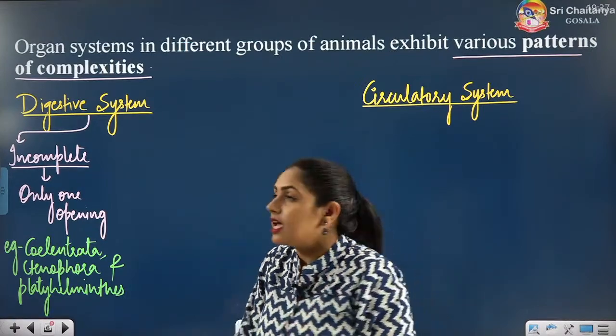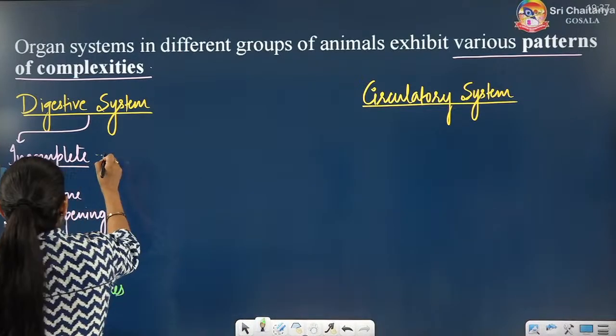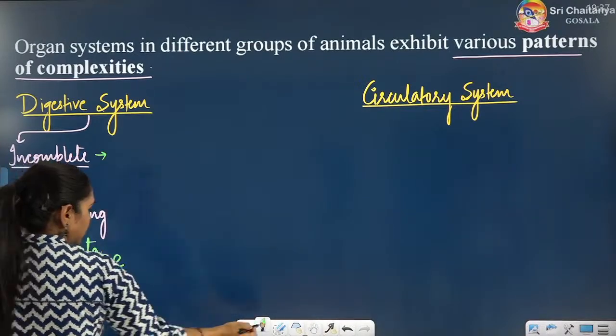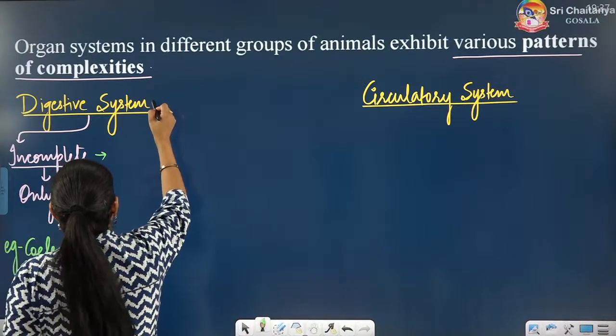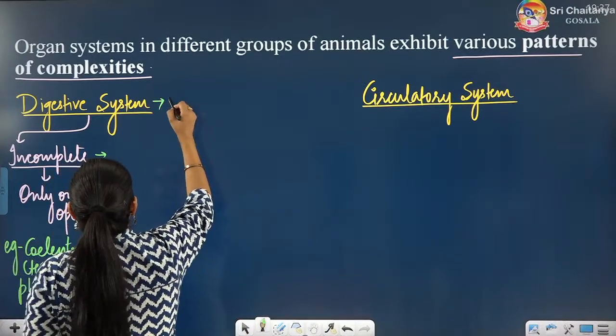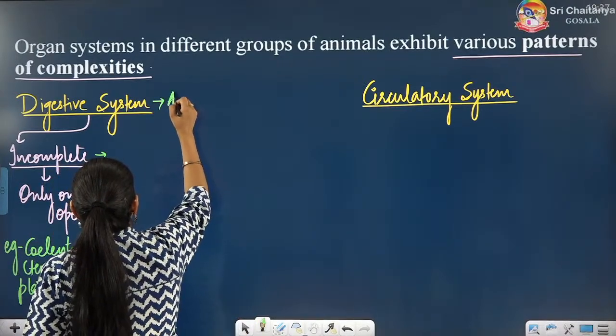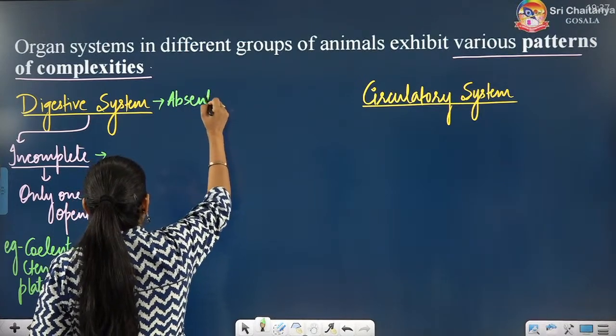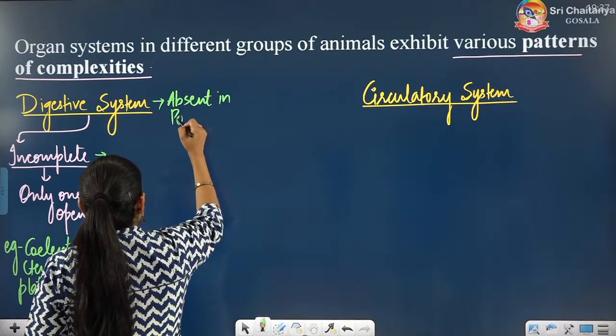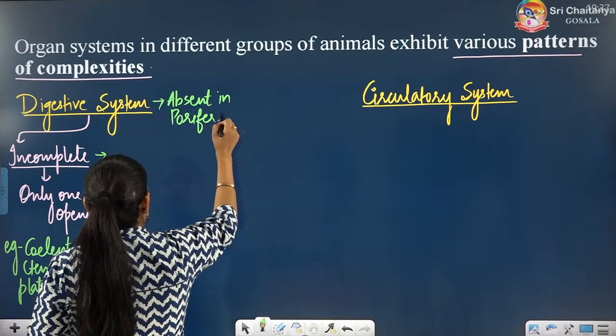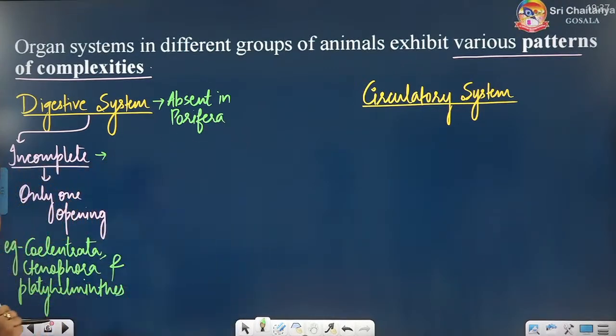We will say it is absent. The digestive system in case of Porifera is absent.